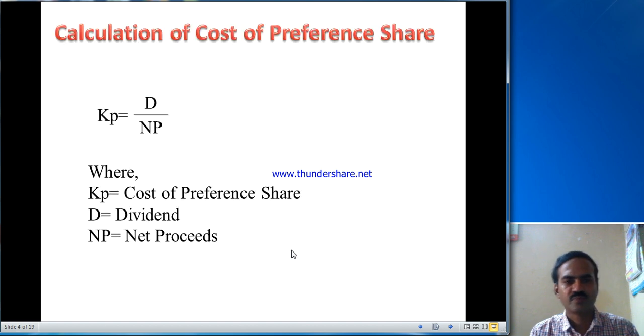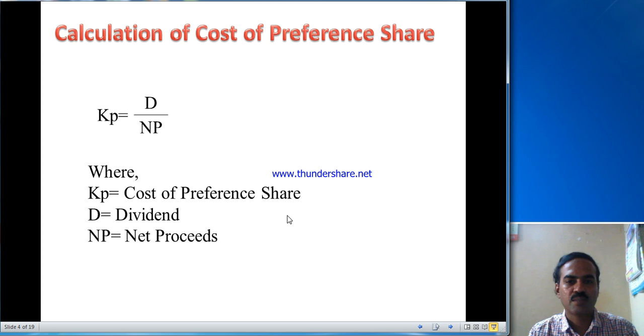Now let us see the calculation of cost of preference share capital. Here, cost of preference share capital is calculated with the formula Kp equals D divided by Np, where D equals dividend, Np equals net proceeds, and Kp equals cost of preference share capital.